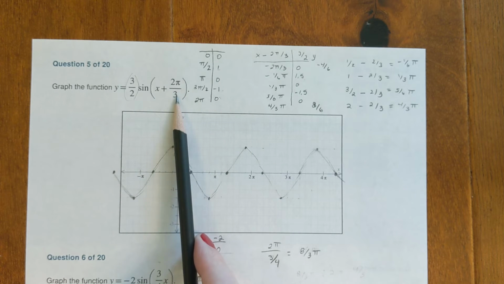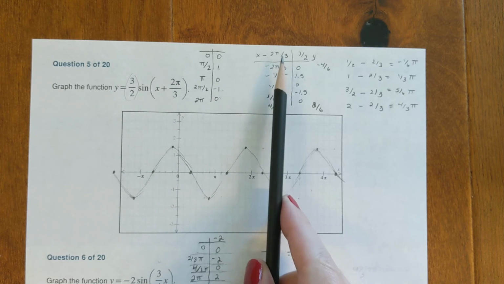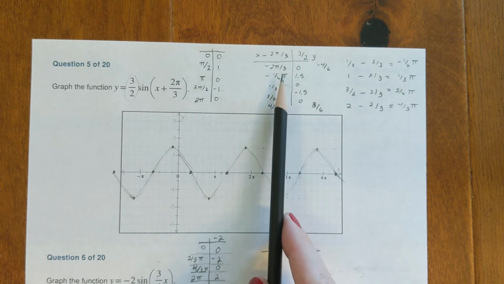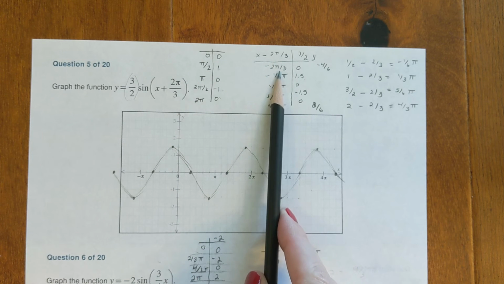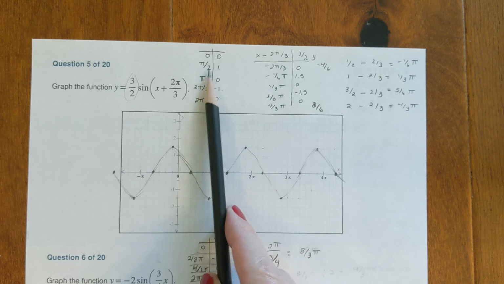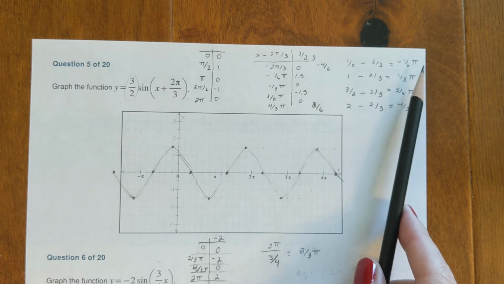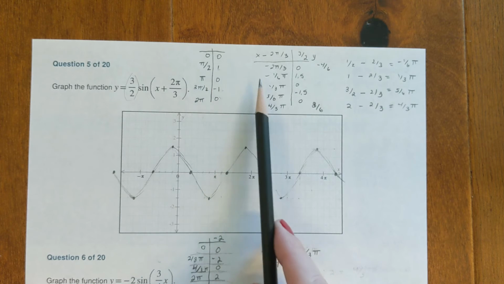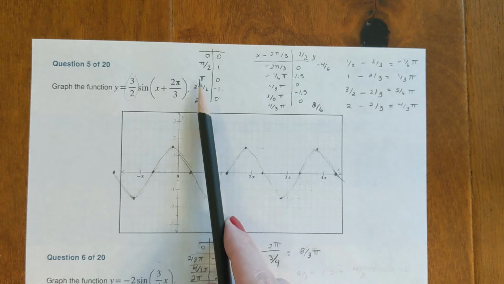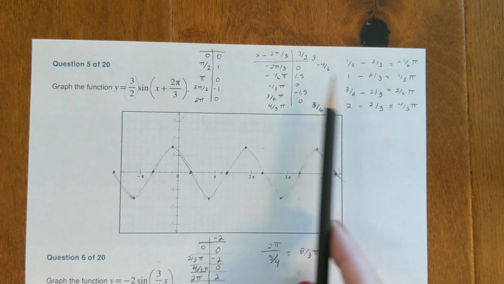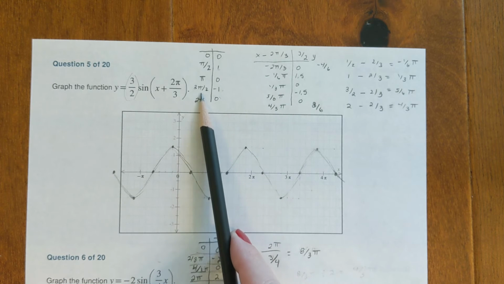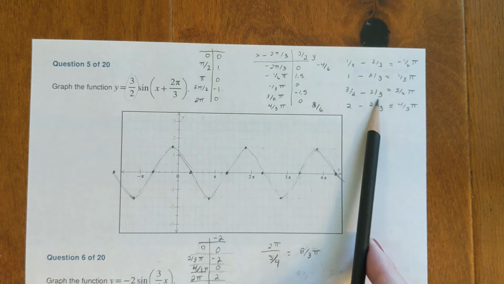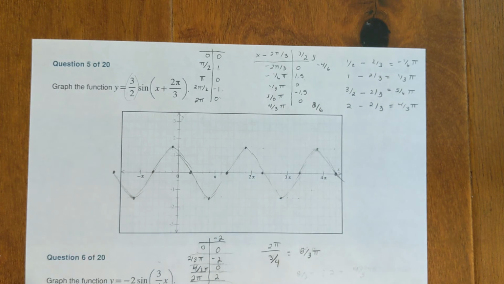So they subtracted 2 pi over 3 from all of them. So 0 minus 2 pi over 3 makes negative 2 pi over 3. Then you got to go 1/2 minus 2/3, which takes you to negative 1/6. And then you got 1 pi. So 1 minus 2/3 is 1/3. And then 3 over 2 pi minus 2/3 is 5/6, and so on.